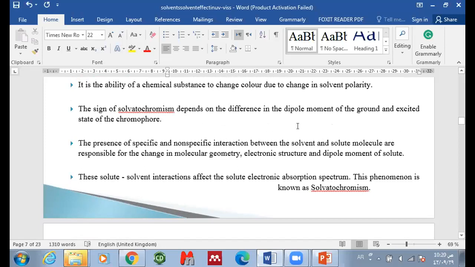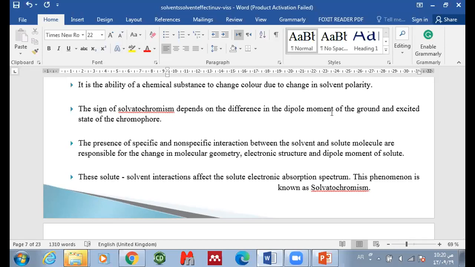I think you know what dipole moment means. Dipole moments mean two different ends in the molecule, for example, positive and negative. And this leads to forming dielectric constants as well. And the dielectric constant of a solvent is a measure of its polarity.